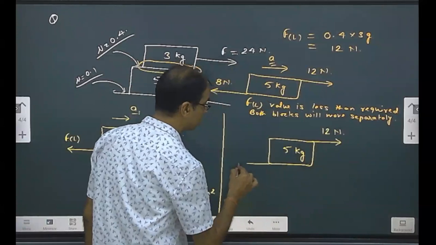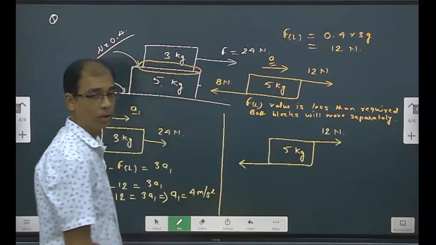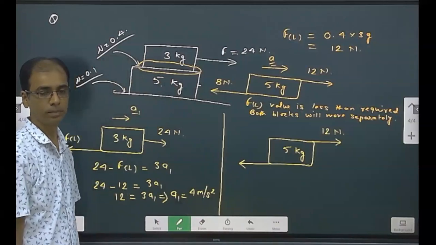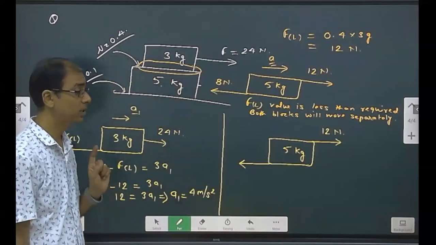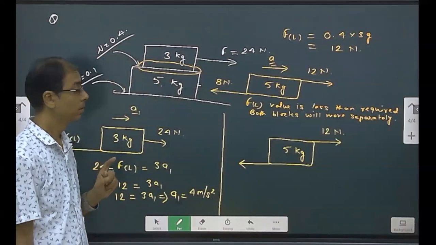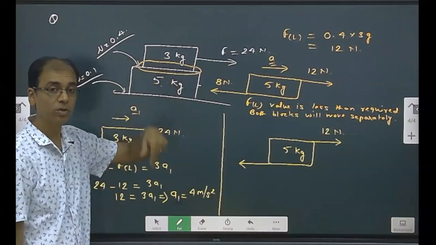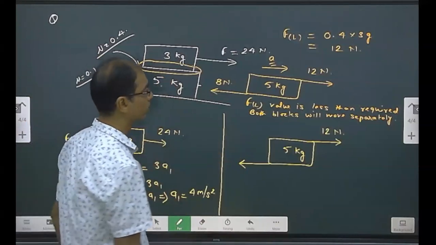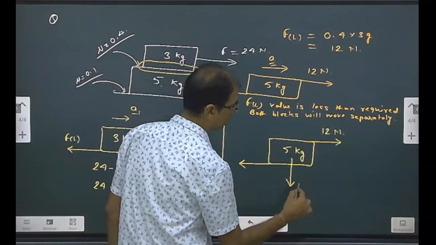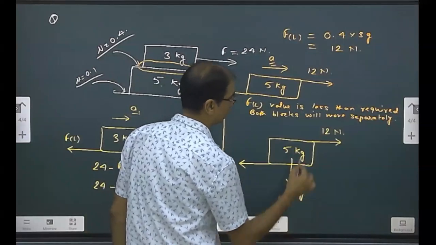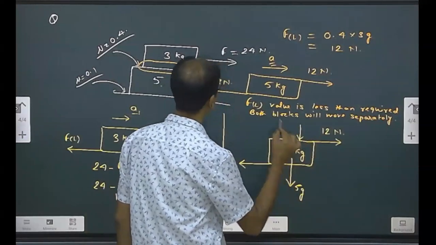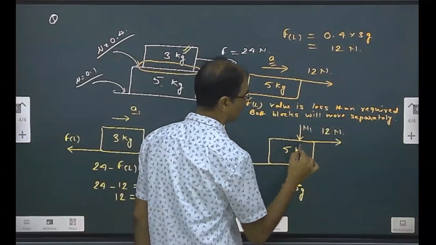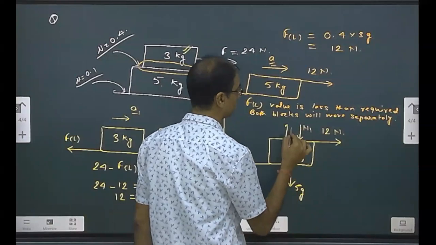Then there is a friction between the ground and this block. How much is that? 8 Newton, not 5g here. Why not 5g? Because on this one, 3 kg is also applying force from the top. In the free body diagram, there is 5g, and there is a normal contact force by 3 kg, N1, and then N over here.